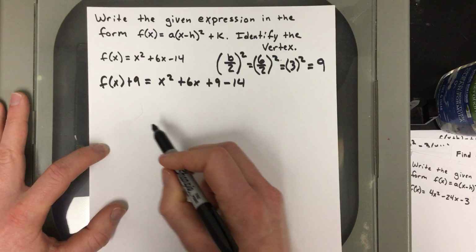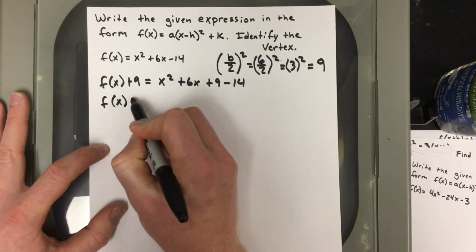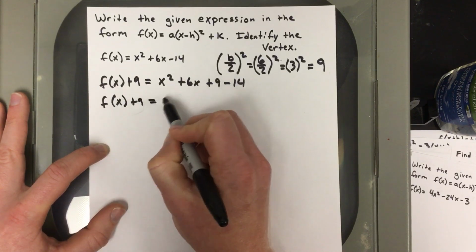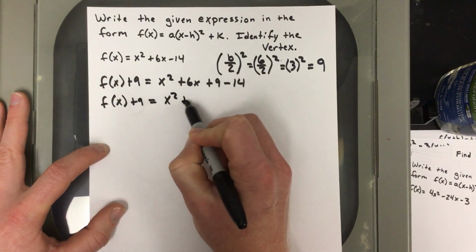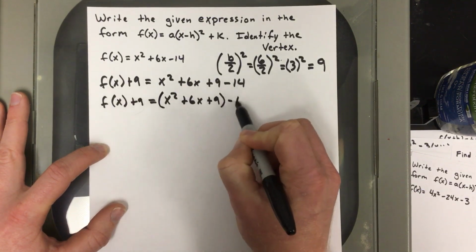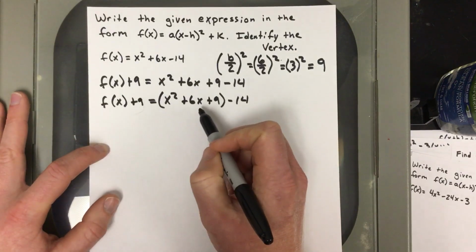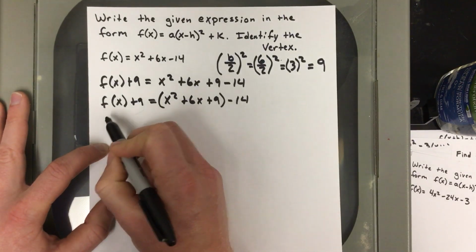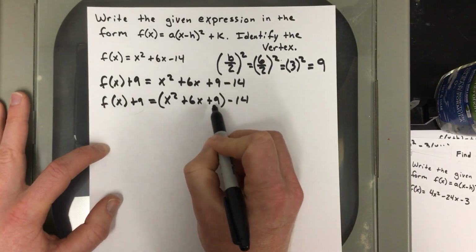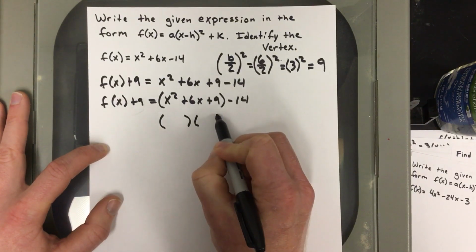So really what I want to do is put this in parentheses and focus just on this, and I can write this in terms of a square. So x squared plus 6x plus 9 is really going to be two binomials being multiplied.